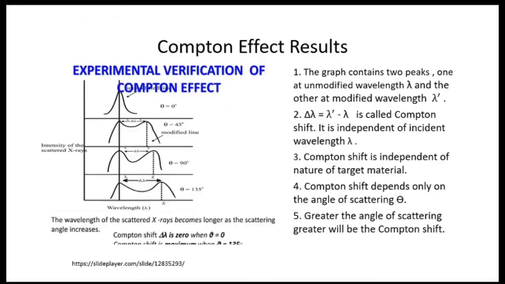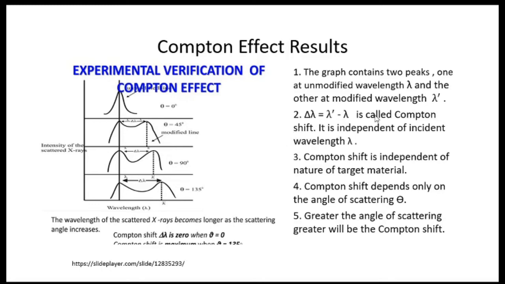So, what can we conclude from this Compton effect experiment? The graph contains two peaks. One is at the unmodified wavelength lambda, the same wavelength as that of the incident X-ray, and the other peak occurs at a slightly modified wavelength lambda dash. The difference delta lambda is equal to lambda dash minus lambda.